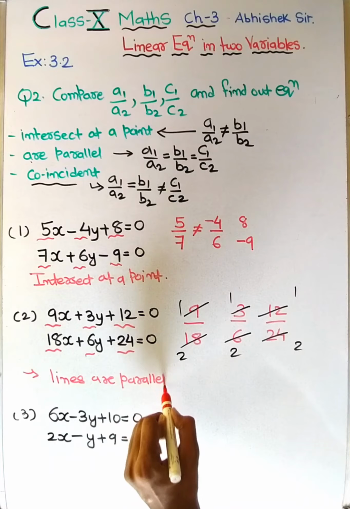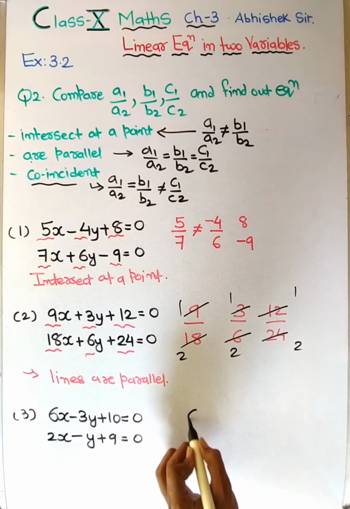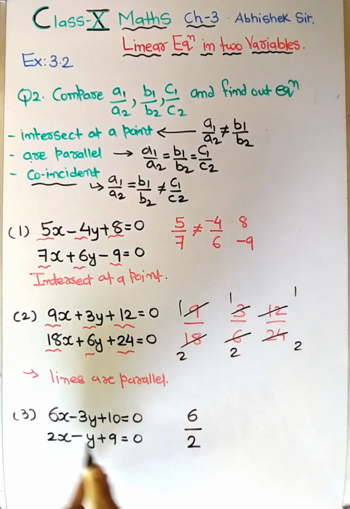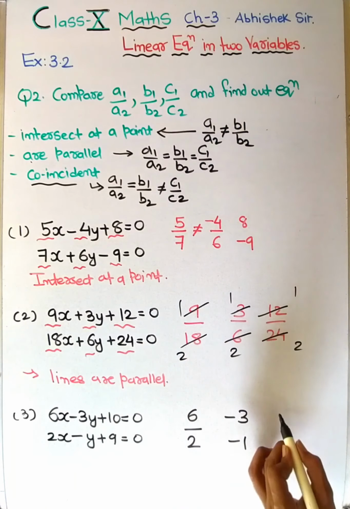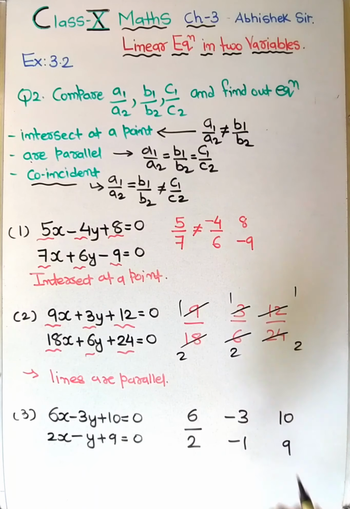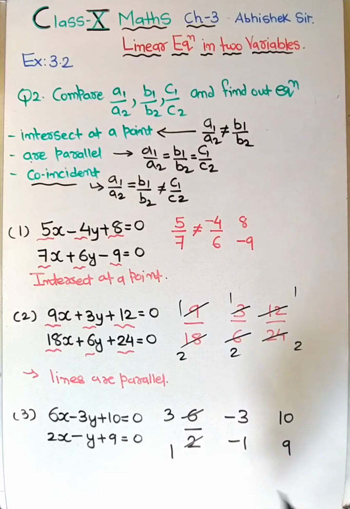Clear? And now let us go for the last one, that is A1 by A2, that is 6 upon 2, then we have minus 3 upon minus 1, then we have 10 upon 9. So look carefully and try to make it simple. Here 1, 3, 2 3s are 6, minus minus cancel, so 1 and 3, and over here no cancellation is possible.